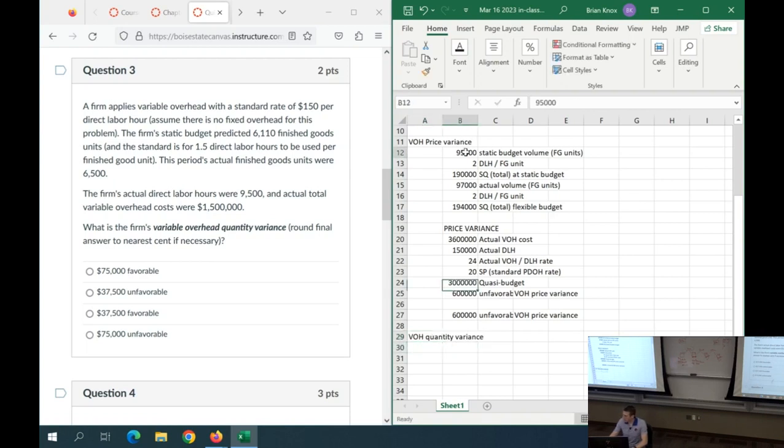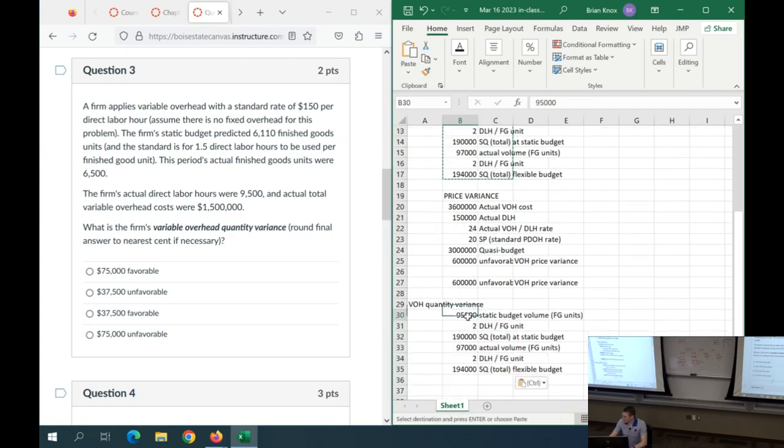I'm going to copy some stuff over here. So our static budget volume is 6,110. We have 1.5 direct labor hours used per finished goods unit, and the actual finished goods units were 6,500. All right, so you're going to be tempted to use this number, but don't use that number.